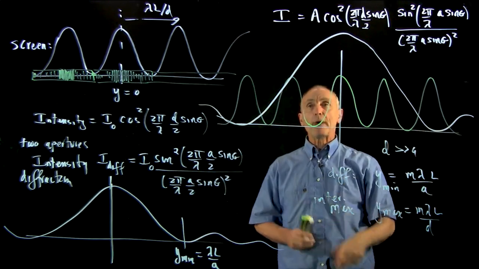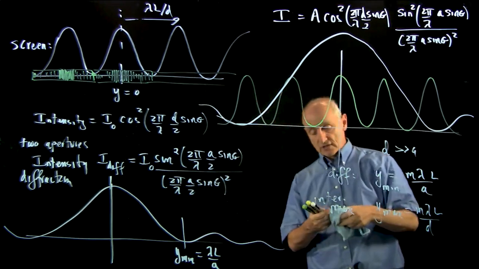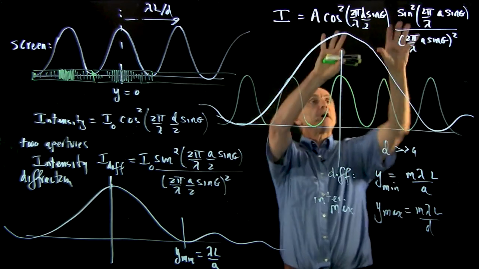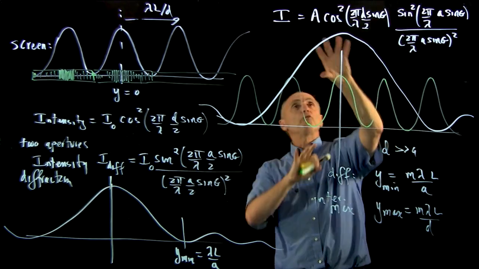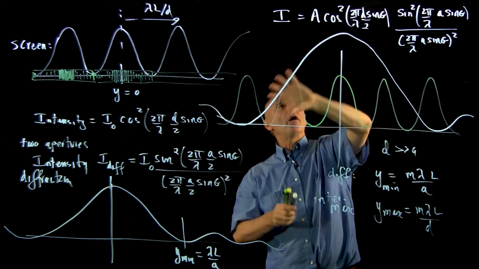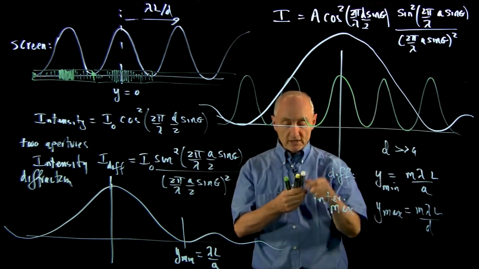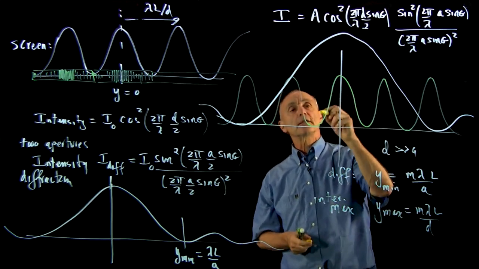So the actual pattern that we see, now of course these two things aren't necessarily in scale, is when you multiply these two factors together, you're taking this pattern and multiplying it by our diffraction pattern. And when you do that, I'll get something that will look like this.